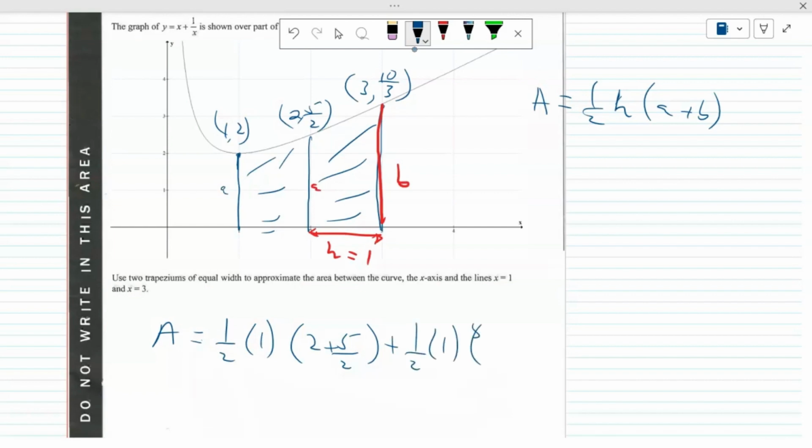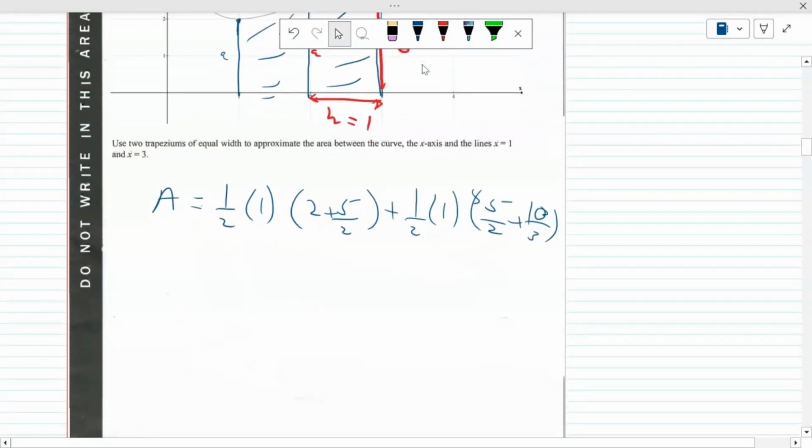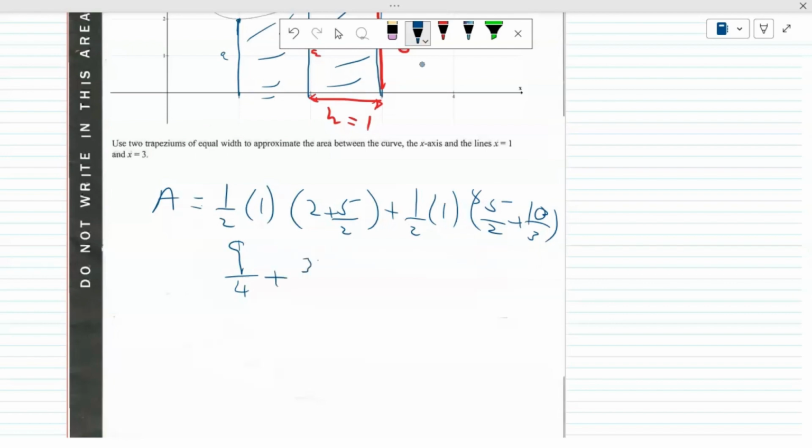So that's going to be 5 over 2 plus 10 over 3. So that gives me 9 over 4 there. So that gives me 15, 15 plus 20 is 35, 35 over 6, isn't it? 35 over 6. Am I right? Yeah, that's 35 over 6.